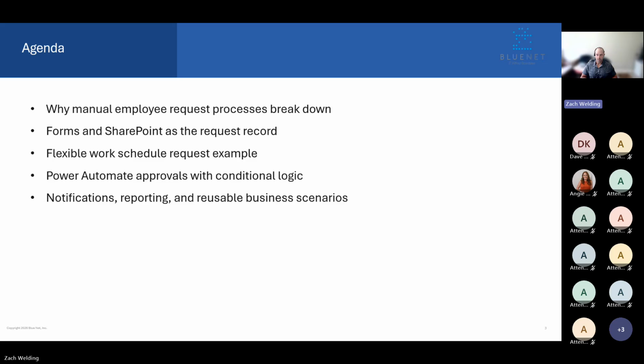We're going to go over a specific example that one of our clients has used with how they submit, gather, and approve flexible work schedule requests. And we'll talk about the Power Automate approval process that was built to handle all of the different scenarios that could potentially happen during that submission, and kind of go over some of the notifications, reporting, and then again, how can you reuse this for your types of business scenarios?